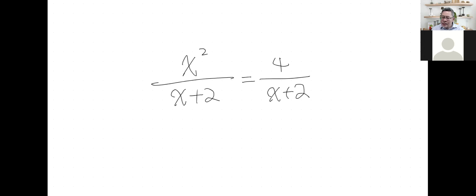I've gotten stuck. Well, what do you do first? I'm trying to multiply both sides by x plus 2. Very good. Then what do you have? x squared equal to 4, right?